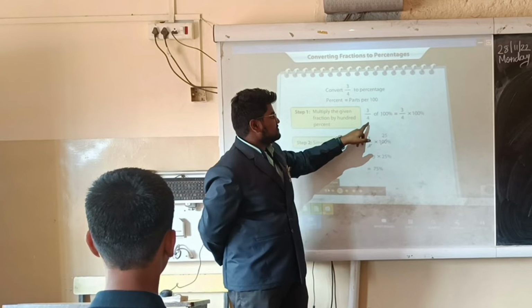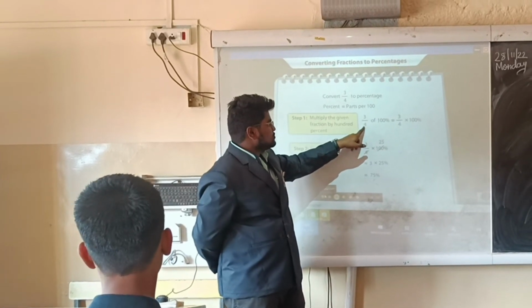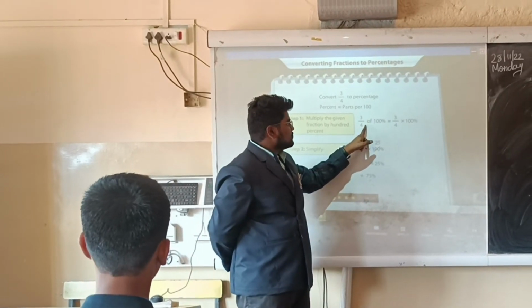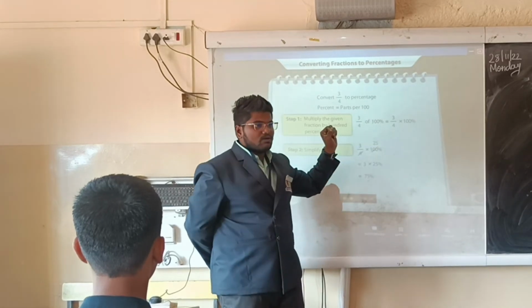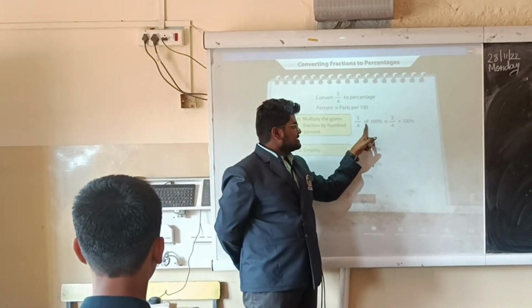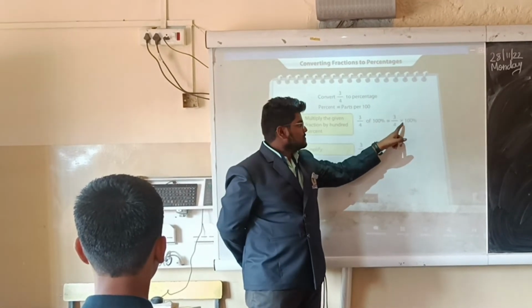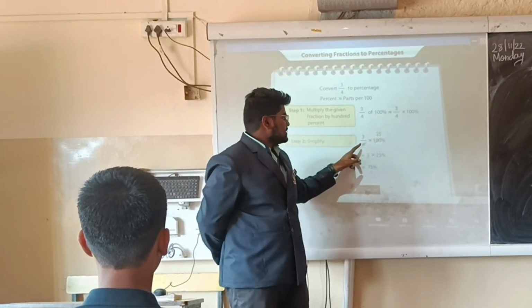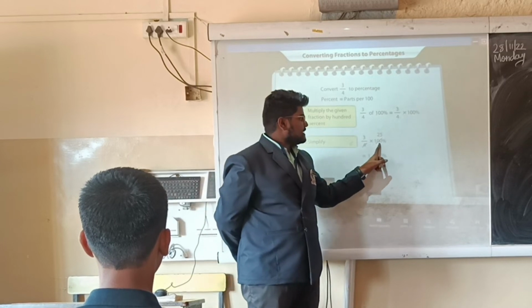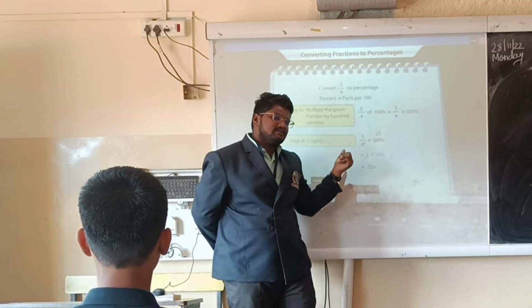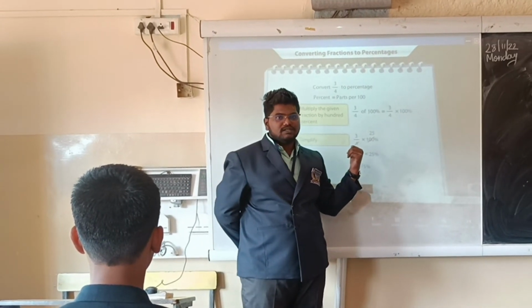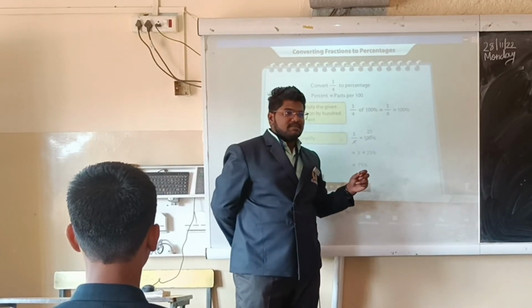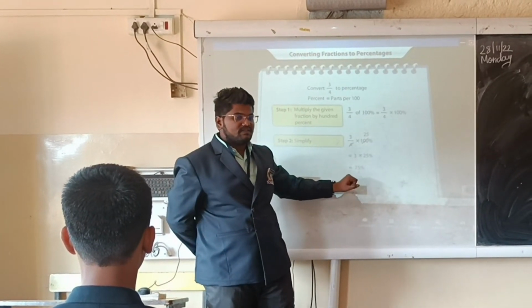So we just have to find 3 upon 4 to percentage, which is 3 upon 4 of 100%. I have also told you that of is nothing but multiplication. So we are writing 3 upon 4 multiplied by 100. Now you must be wondering, sir, we do not know the table of 4 till 25. But these are some important numbers that we have to learn.